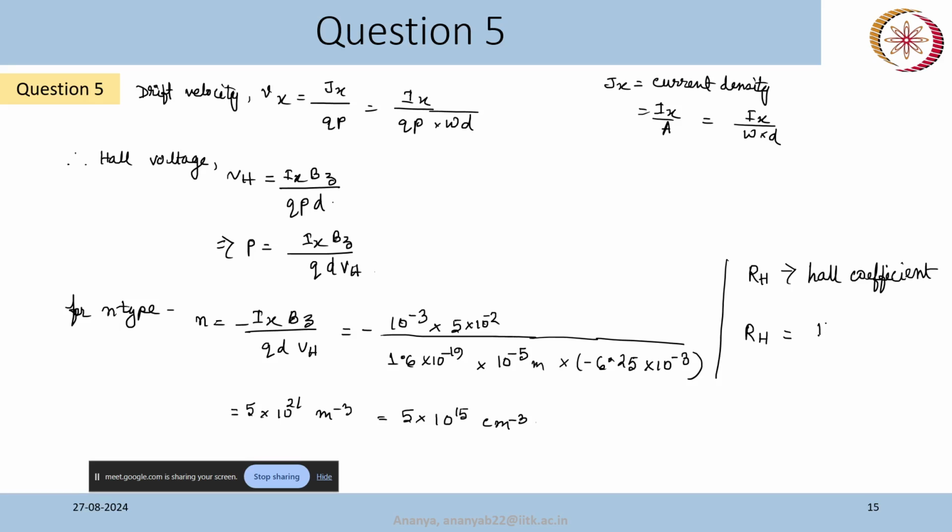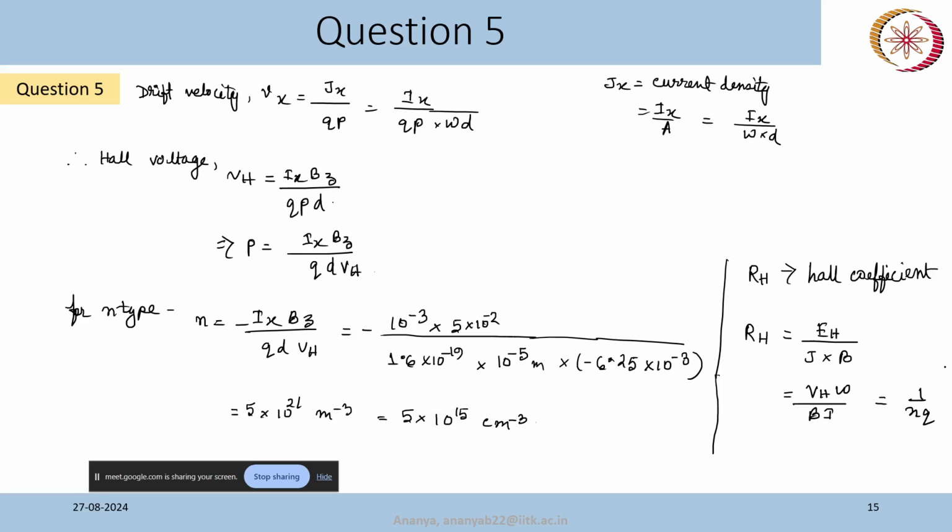So that is EH by J into B. If you put these values and solve, you will get VH into W by B into I, which is equal to 1 by N into Q. Okay, so if the Hall coefficient is also given, then also you can calculate the carrier concentration value.